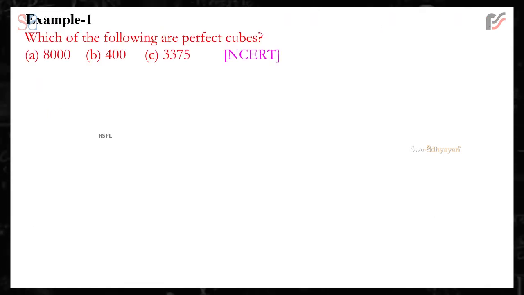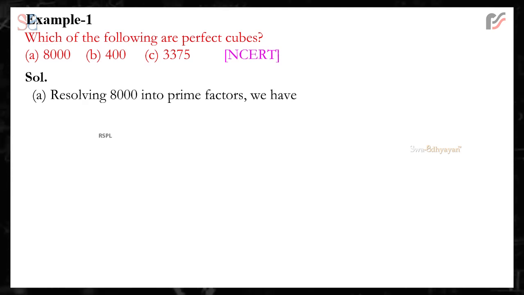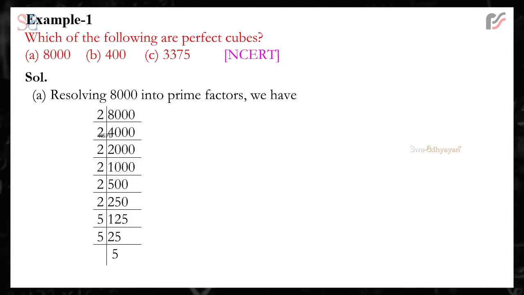Example 1. Which of the following are perfect cubes? A. 8000, B. 400, C. 3375, NCERT. Solution. A. Resolving 8000 into prime factors, we have: on dividing 8000 by 2, we get 4000. On dividing 4000 by 2, we get 2000.